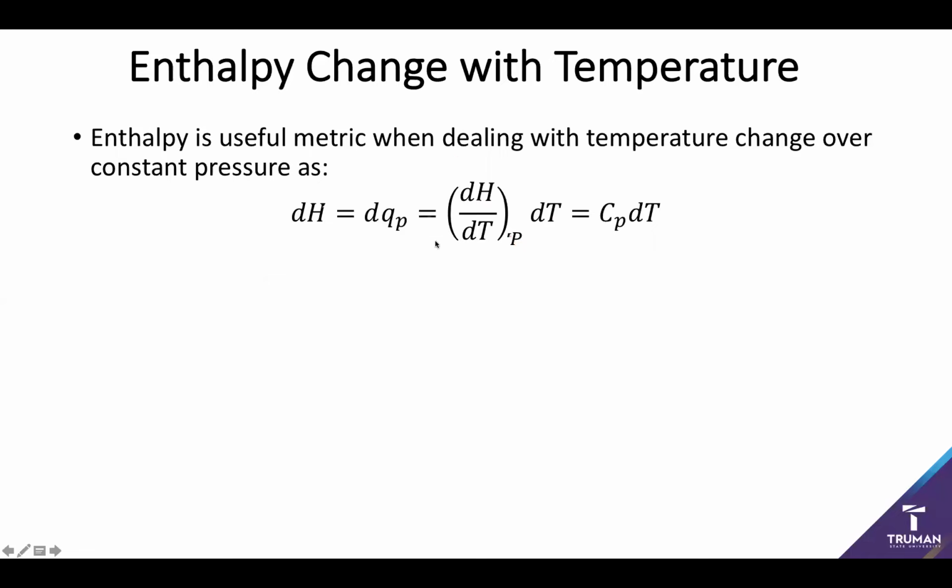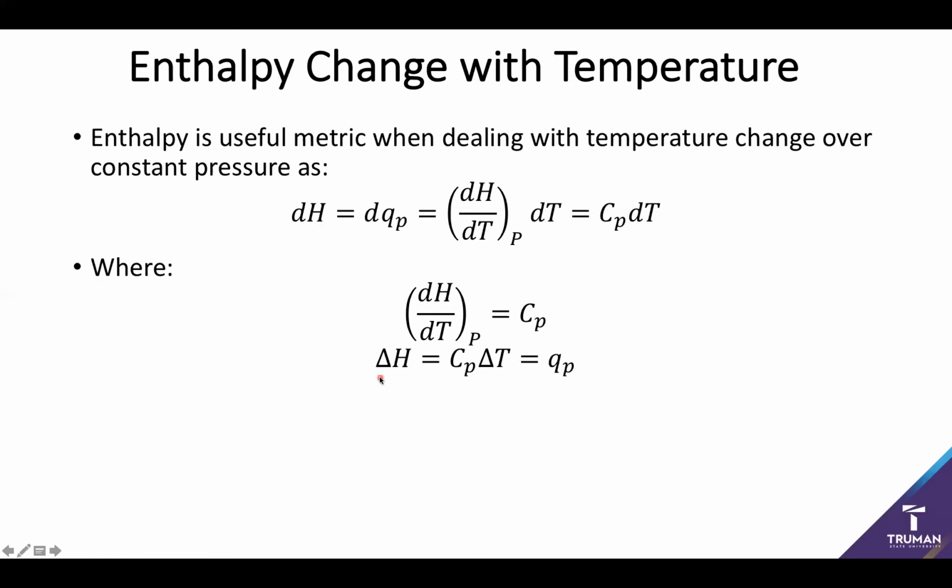And we go ahead and label this first derivative as our isobaric heat capacity. So again, what we see here is that the isobaric heat capacity is a relationship between the change in enthalpy of a system and its internal temperature, which again can be thought of as a ratio between the change in the kinetic energy or linear energy of the system and the actual total enthalpy of the system.